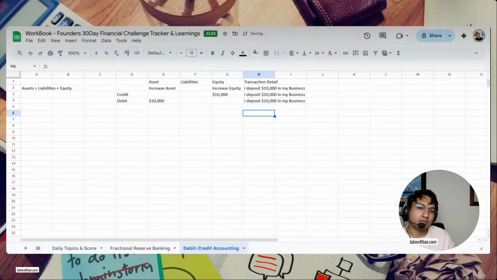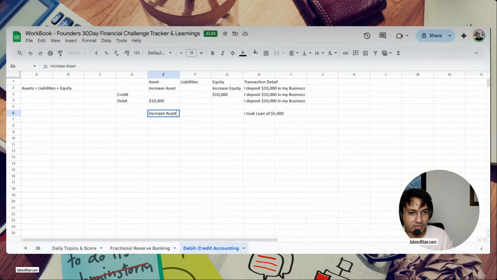Now, okay, there is another transaction. I took a loan of $5,000. So what's going to happen is that it's going to increase my asset, the value my business contains, but it also increases the liability.